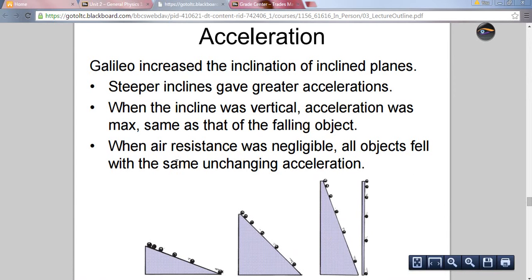Now, when air resistance is negligible, all objects fall with the same unchanging acceleration, meaning as long as the incline was the same slope going down in each case, it would continue to accelerate at the same rate.